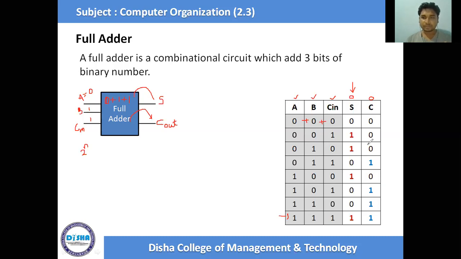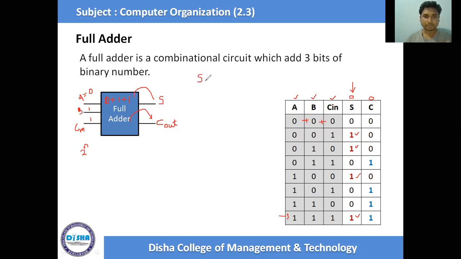So this is the first one, this is the second one, this is the fourth one, sorry, this one is the fourth one. We have 4 active states, so we have to find out the equation.